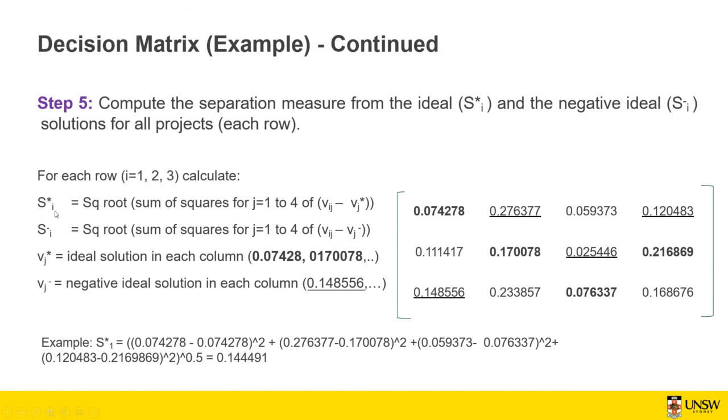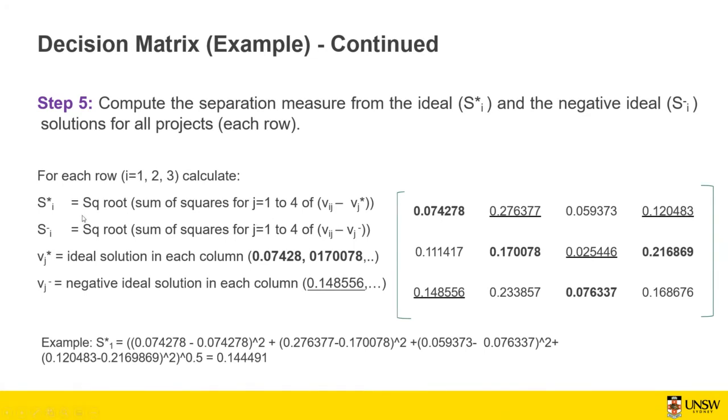For S star, we take the square root of the sum of squares over j from 1 to 4, which means column 1 to column 4, of Vij minus Vj star. If we are in the first row, it is V11 minus V1 star, V12 minus V2 star, and so on.